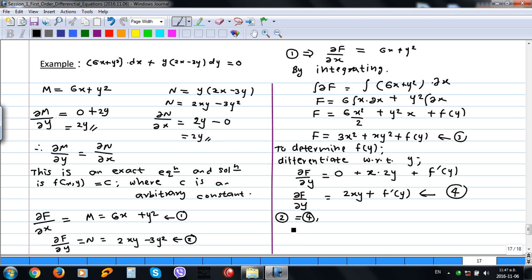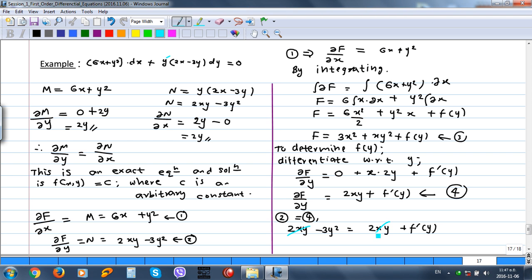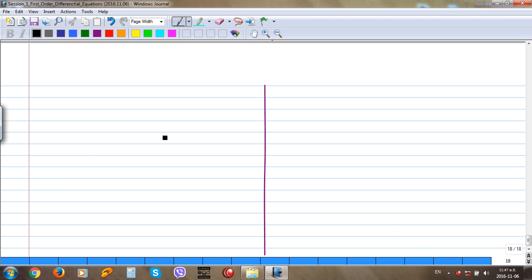The second equation is 2xy − 3y² equals 2xy + f'(y). So we can remove 2xy and 2xy. Then f'(y) = −3y². So we got f'(y) = −3y².